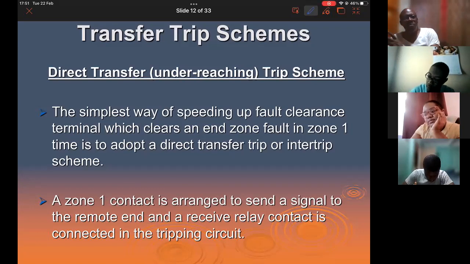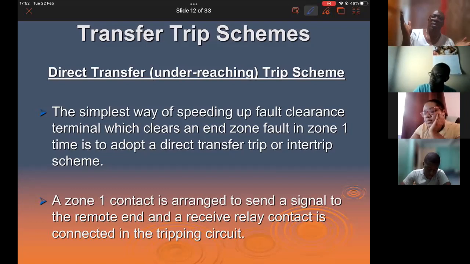So your direct transfer trip scheme, which sometimes we refer to as an underreaching scheme, but direct transfer. Once you have a zone 1 operation, it's going to send a signal to the remote end saying, I have tripped. But there's a problem with that.